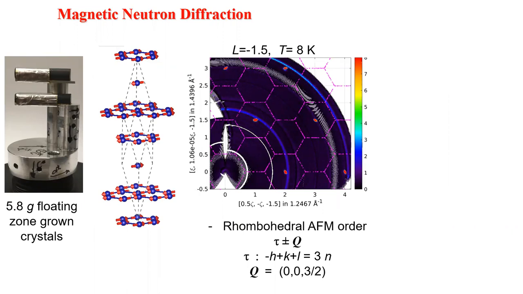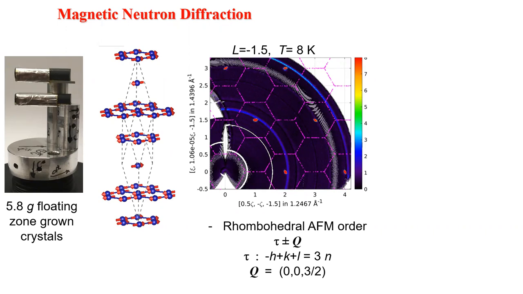So one can also see these magnetic peaks in single crystal diffraction measurements. Here's a picture of a sample that we've used for inelastic neutron measurements, and here is the zero energy transfer map in the HK plane, if you like.